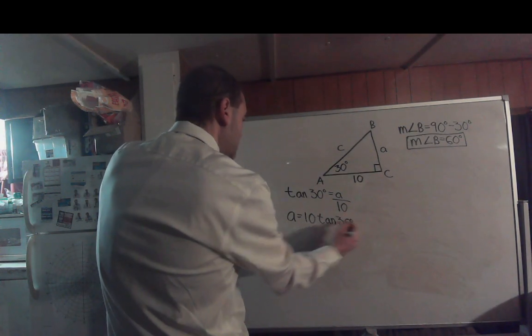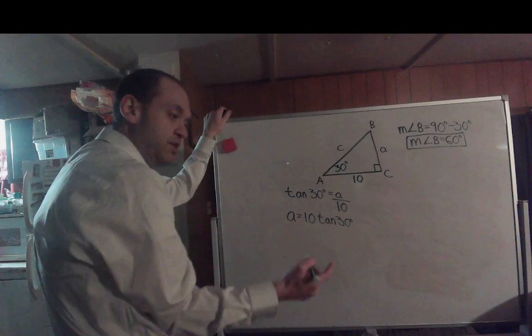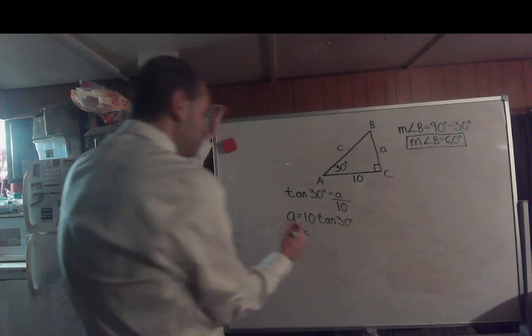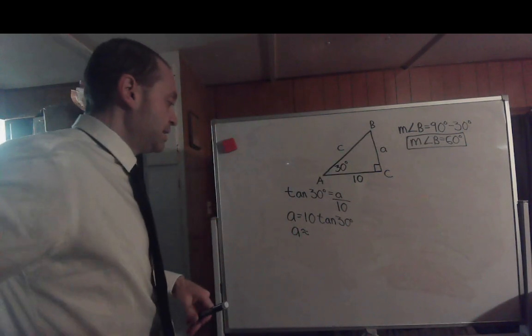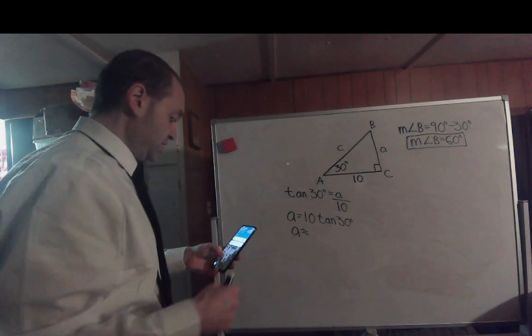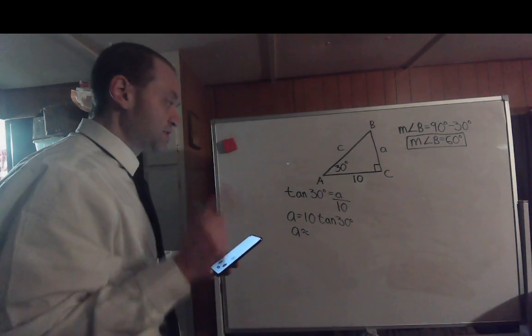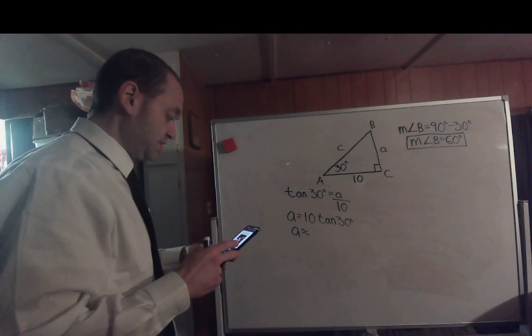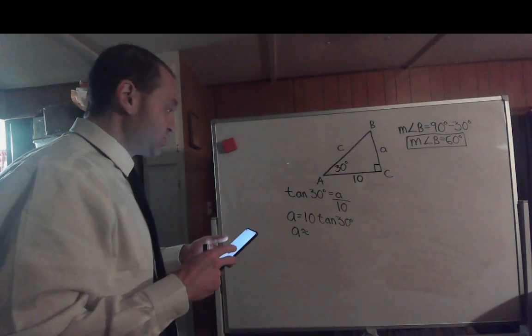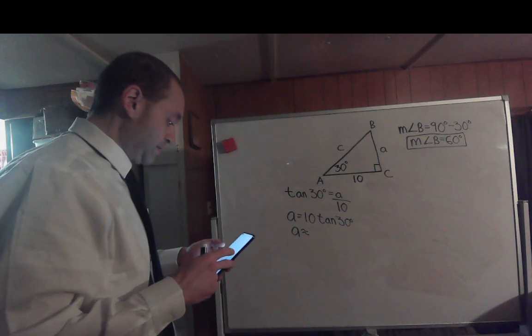And then we're going to get an approximation to two decimal places. So side A is going to be equal to this. Make sure your calculator's in degree mode when you do this, because if it's in radians, you'll definitely get a wrong answer.